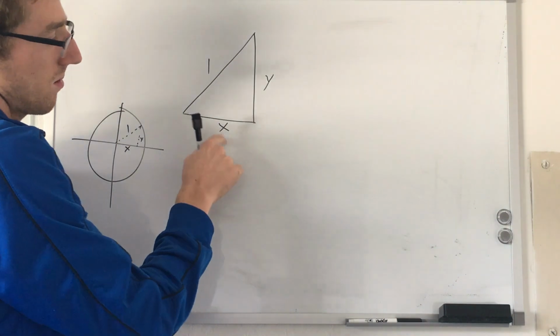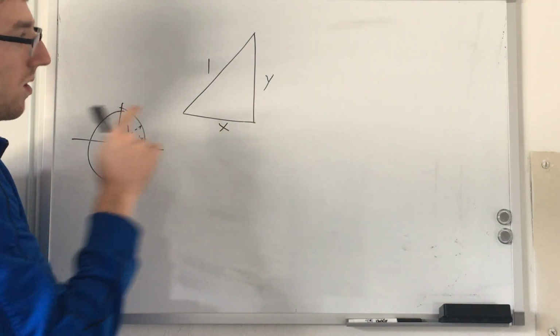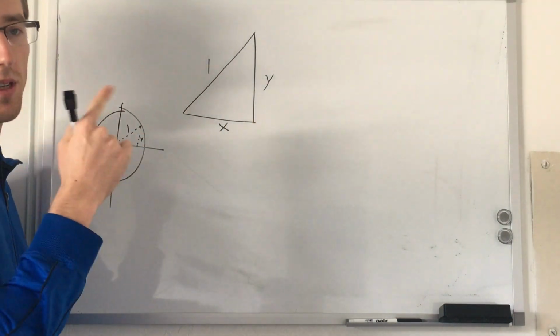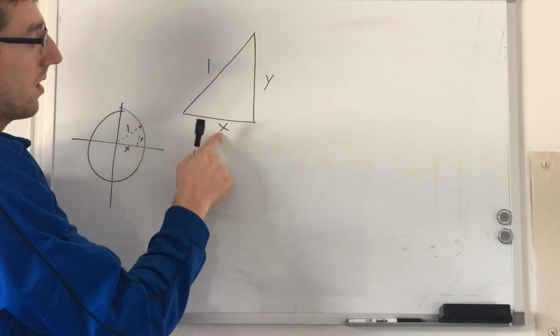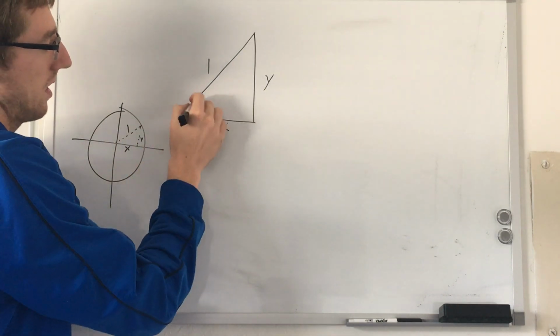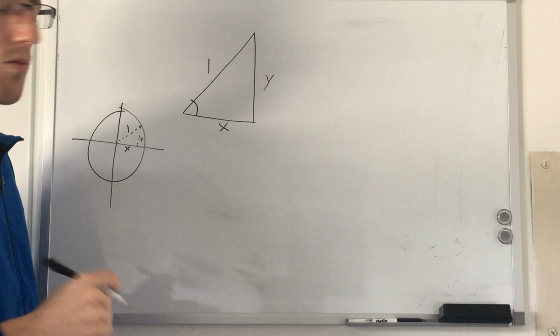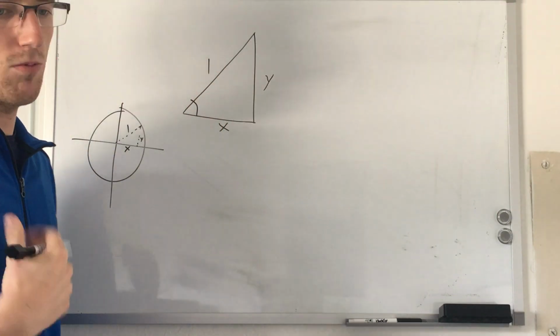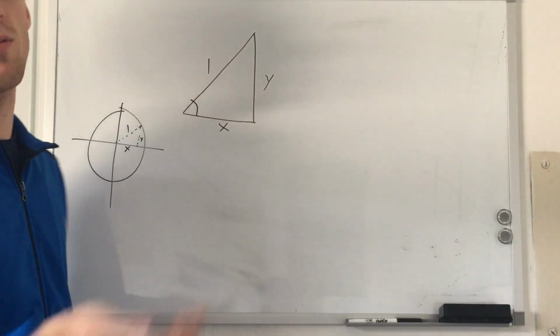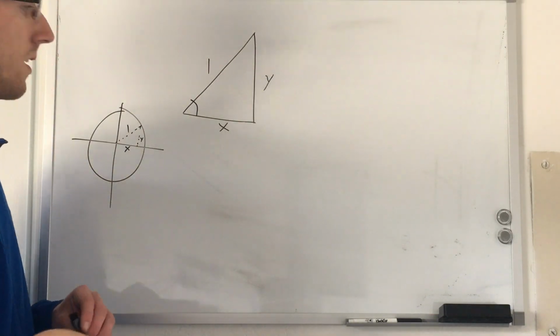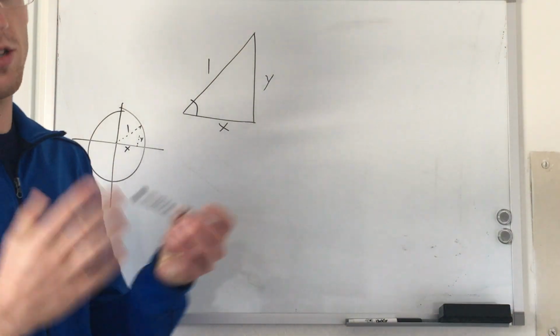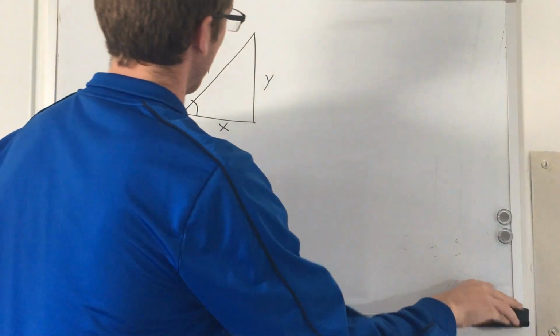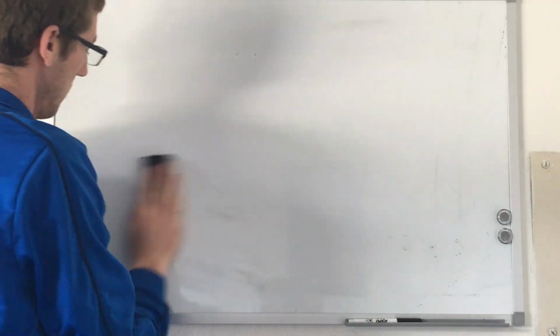Sometimes we know one of these values, but only one, and then we know this angle here. We don't know the other sides, so we want a way to figure out what the other sides are. And the way we do that is with these trig functions. So I'm going to write down what the trig functions are.